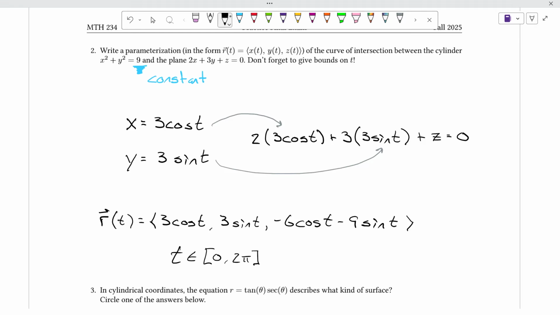We might be fixing one of our variables to be like one number, but we can do that because, again, spherical coordinates is a good model for spheres. If we're doing cylinders, then often cylindrical coordinates is a good model. Just basically what we did here. This is effectively cylindrical coordinates, just with a few of our variables fixed.